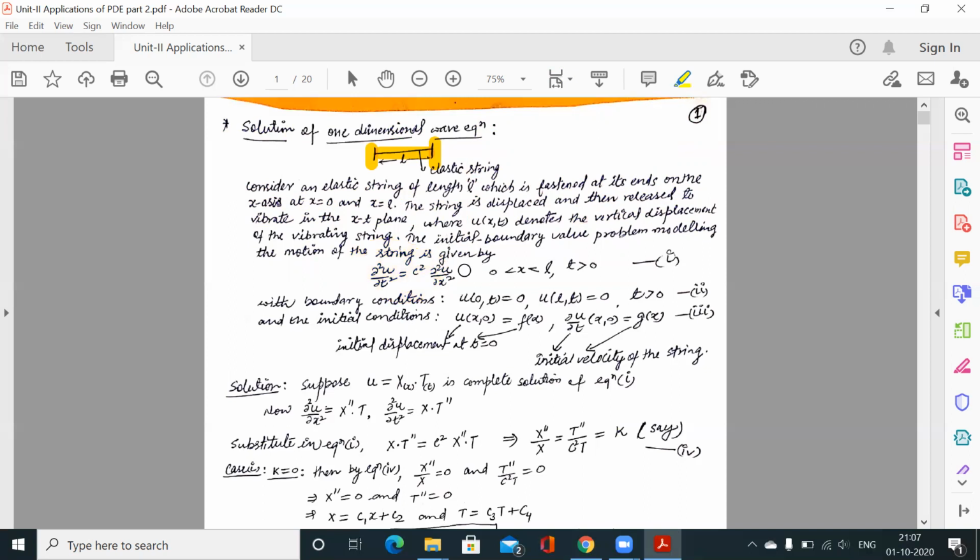Suppose we want to check, at a time t, what type of vibrations there are, and at x length, what type of displacement or vibrations there are. The solution of this differential equation will tell us how vibrations happen with respect to x and with respect to t. We call this the one dimensional wave equation.